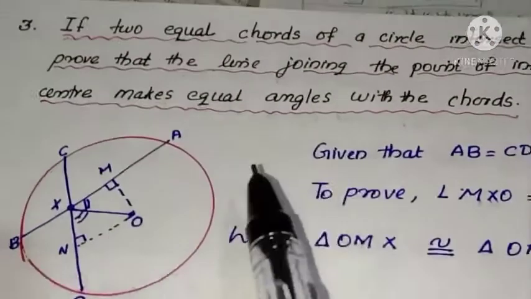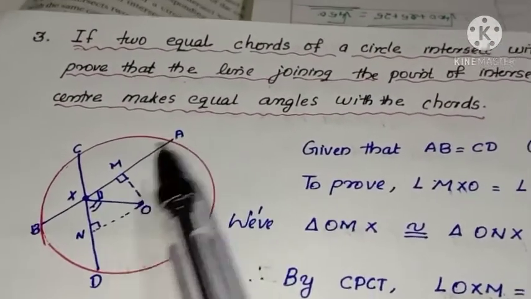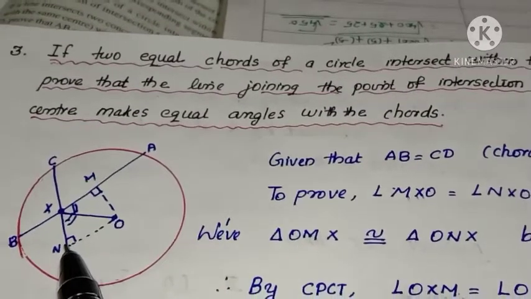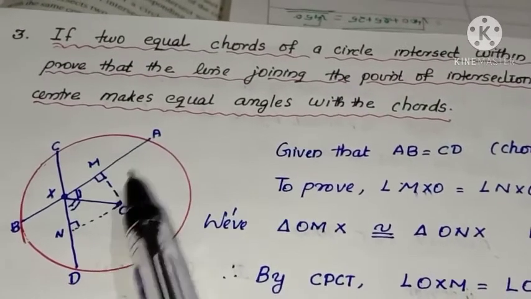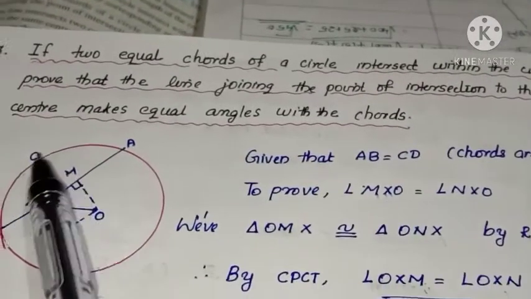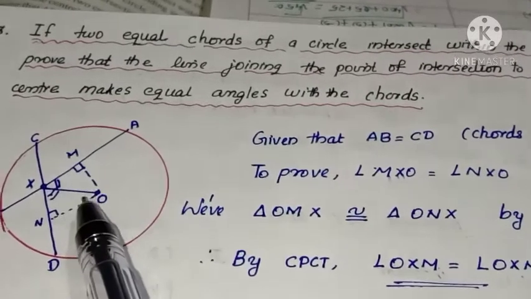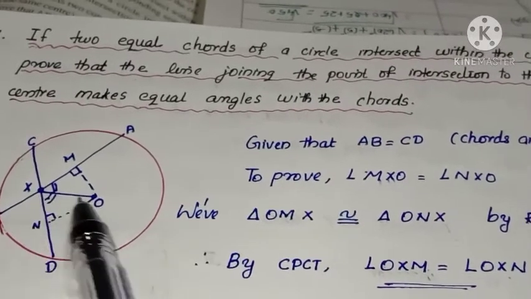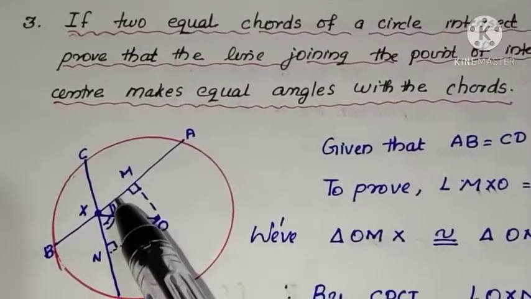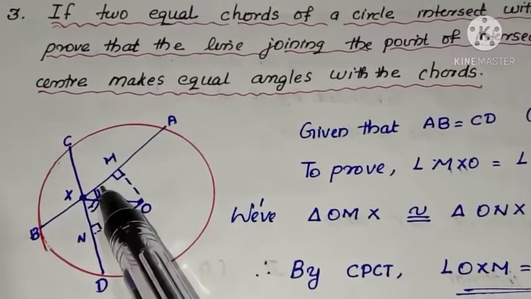Now question number 3 is the same question. The chords are equal and we need to prove that the line joining the point of intersection to the center makes equal angles. So this OX line makes equal angles at the center. That is, we need to prove these two angles are equal.